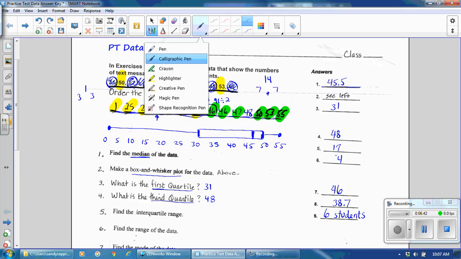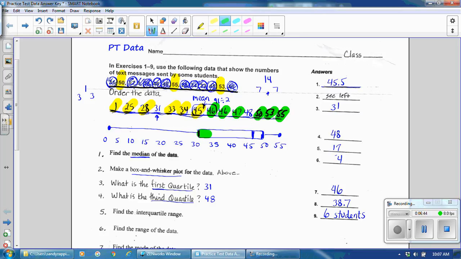All right, so again, in the box and whisker plot, this is the middle of the set of data. And the section over here is the lower quartile, and this is the upper quartile. So we have 25% of the data in each section. 25% of the data is between 1 and 31. That's right here. And then we have 25% of the data from here to here.